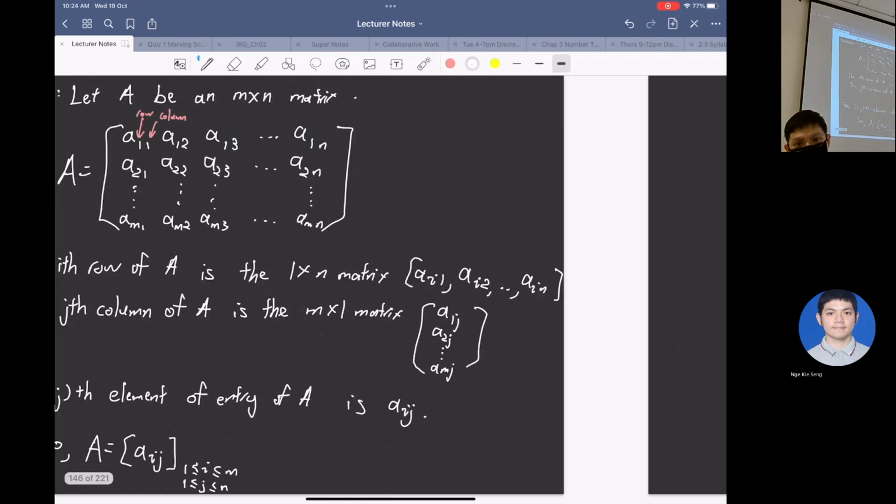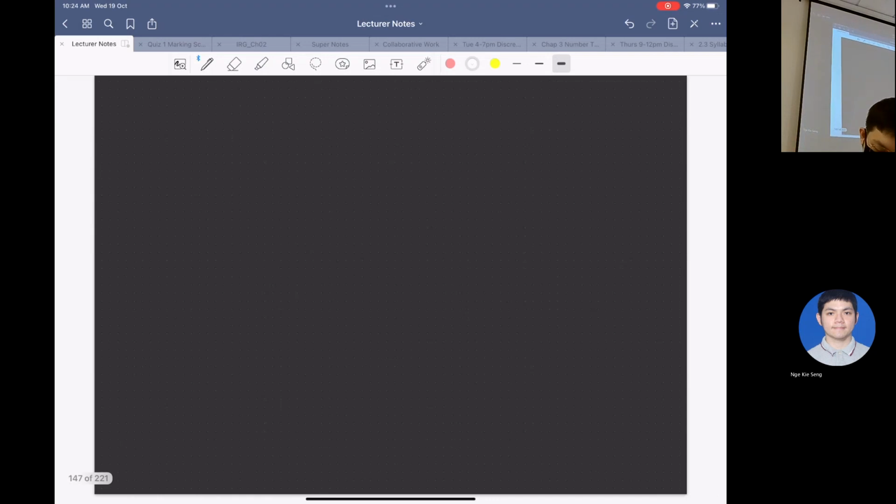Next, you have two matrices. What can you do with them? Multiplication. But the easiest one is to add them first. So let us add them together.